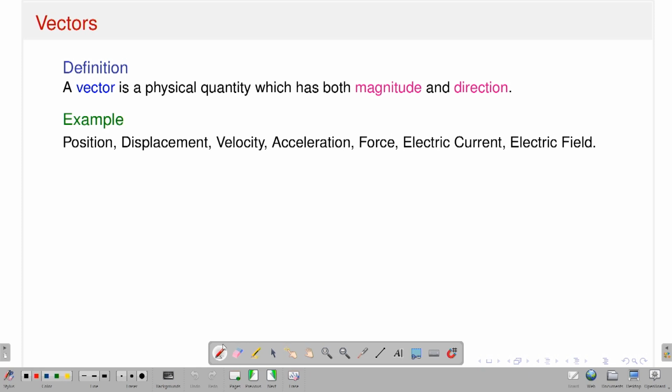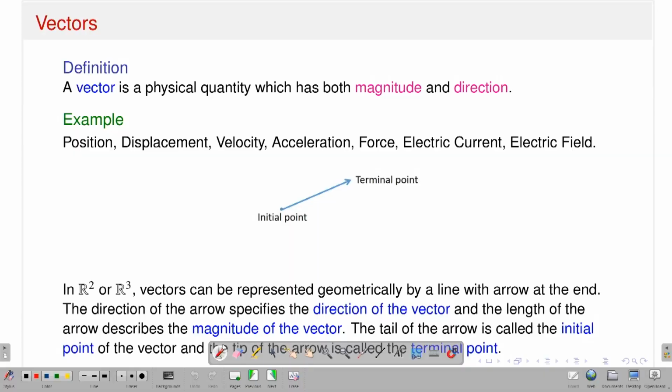For example, in the projectile motion of a particle, position of the particle, displacement, velocity or acceleration are vector quantities. Similarly, force, electric current, electric field are also vector quantities.